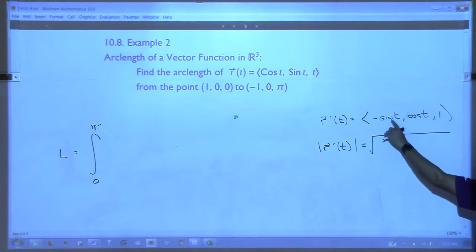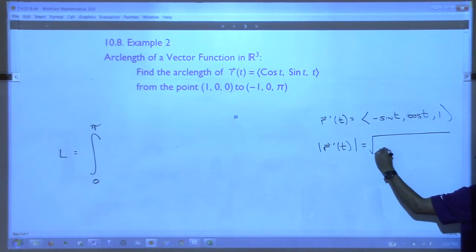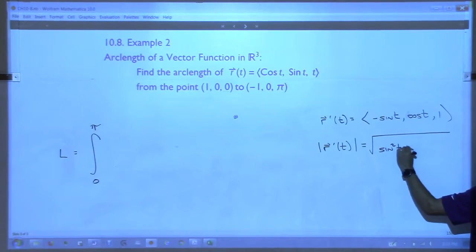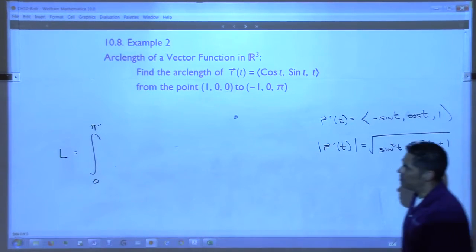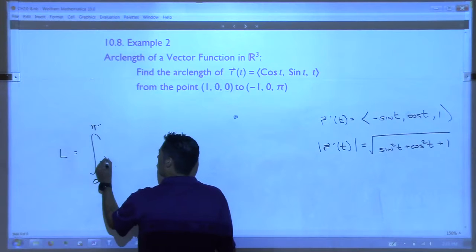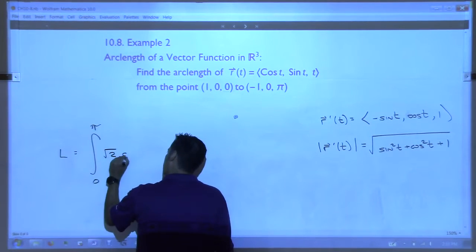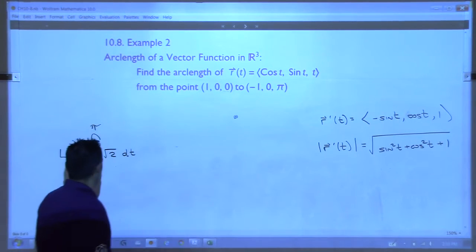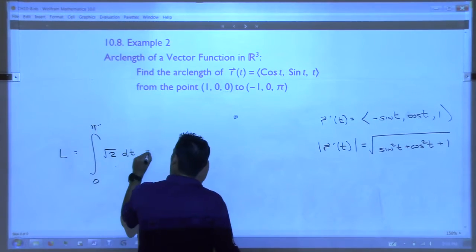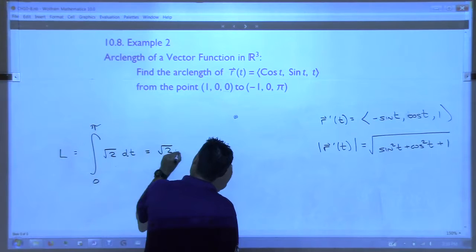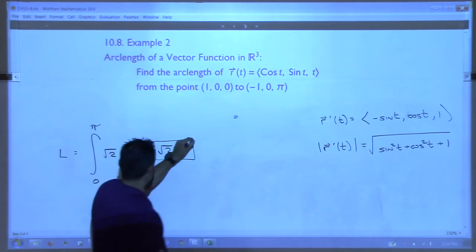It's this squared plus the other one squared, plus that one squared right there. And that's going to come out to be root 2 instead of just root 1. So this is going to be root 2 dt. You should get root 2 pi.